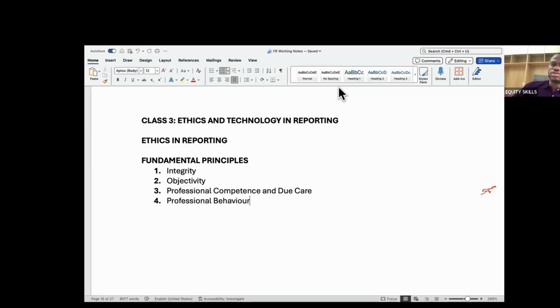You cannot be caught, as an accounting student or as a professional accountant, dragging or fighting with a conductor for change. You cannot be doing all of that. You need to present yourselves in the best possible manner. The way you talk, the way you dress, the way you look as a person, it needs to present that aura of a professional.